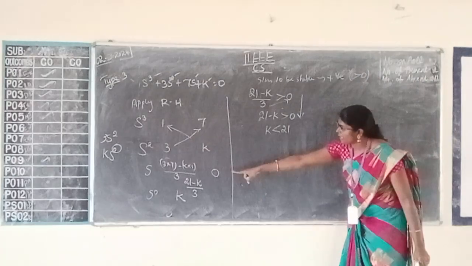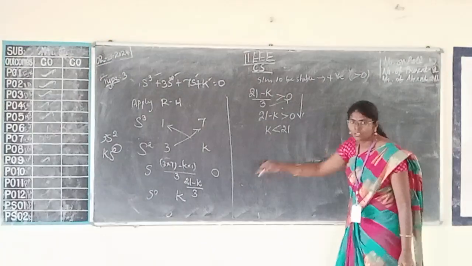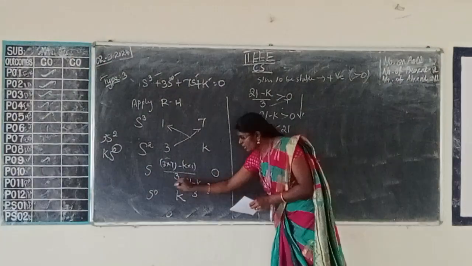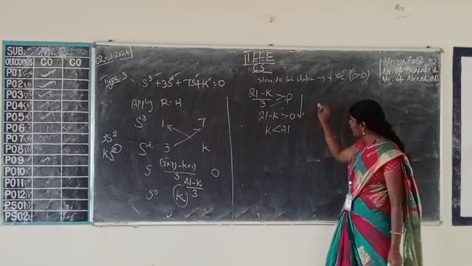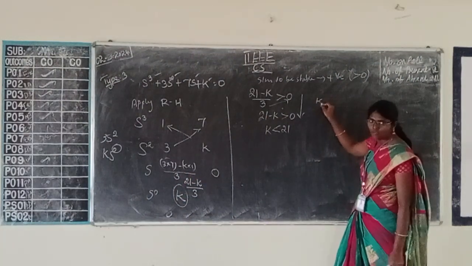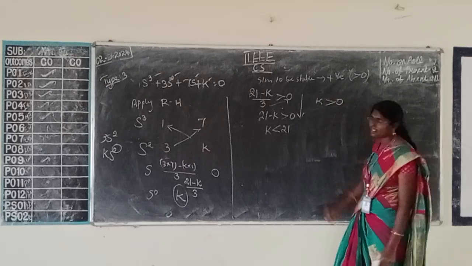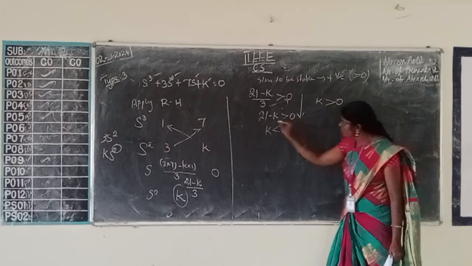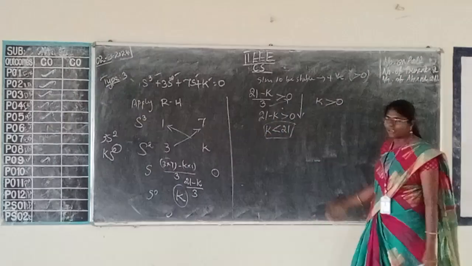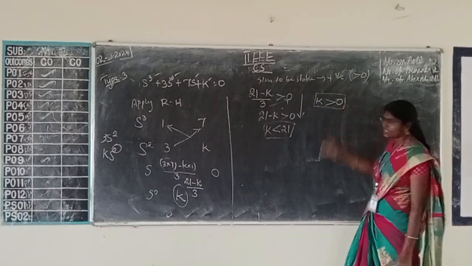First case. The next case: the next row, s power 0, is only K. The K should also be positive, which means K should be greater than 0. So K should be less than 21 and K should be greater than 0.